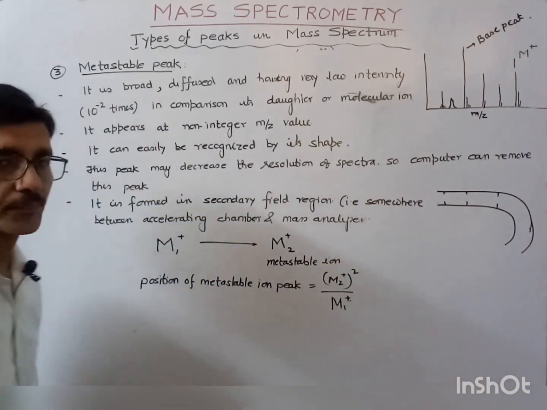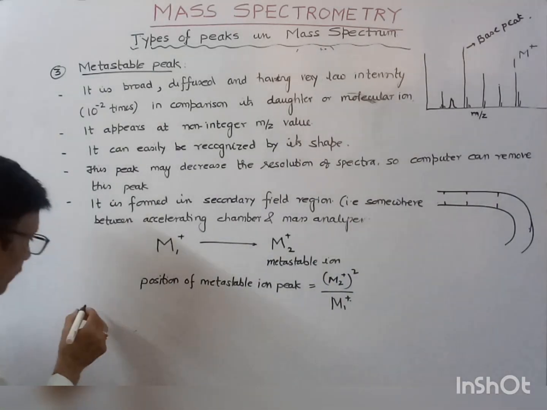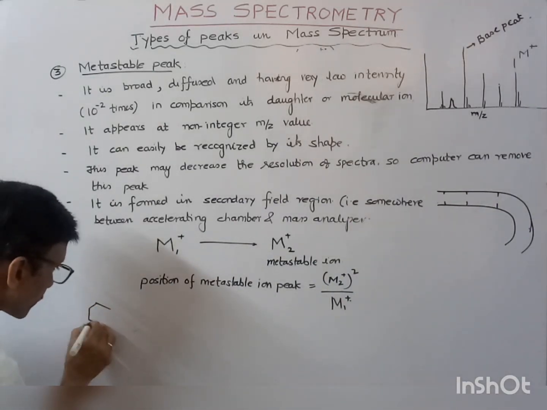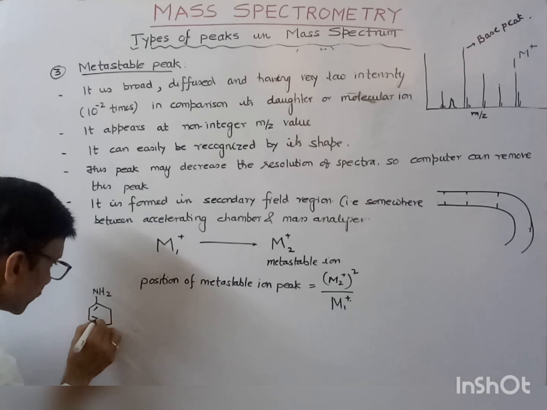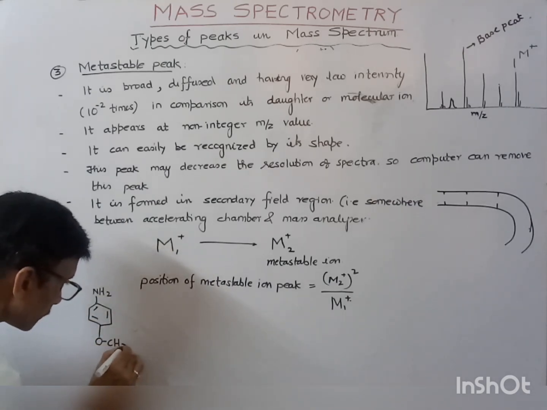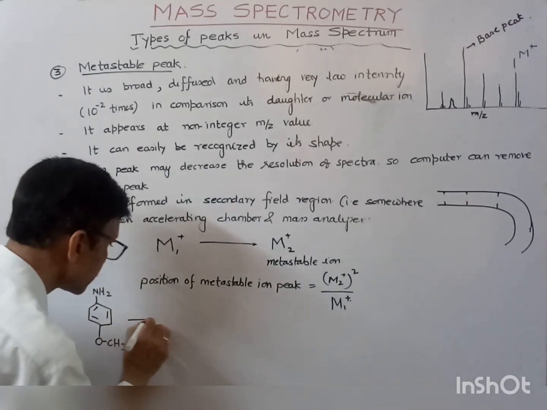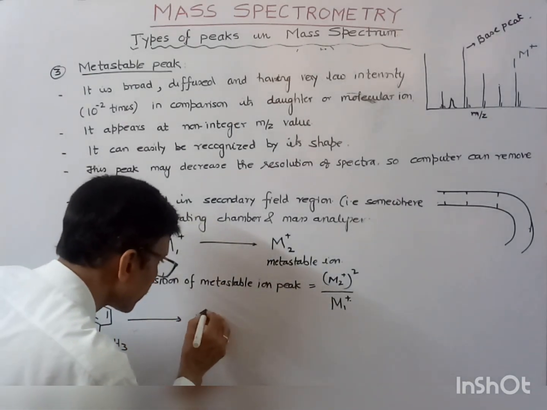This is the formula. Now suppose we have para-aminoanisole, and this gives a further ion.